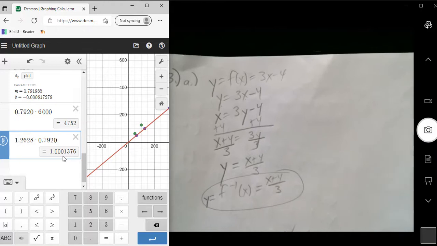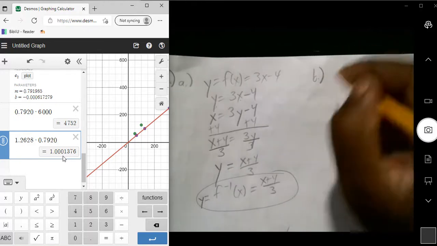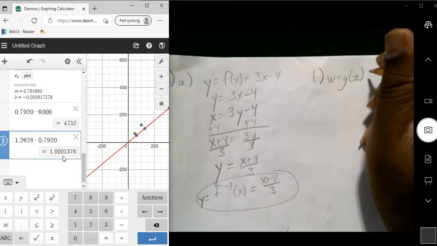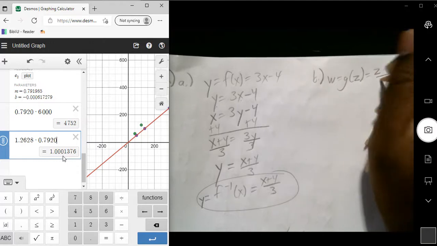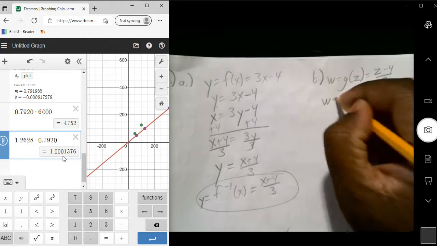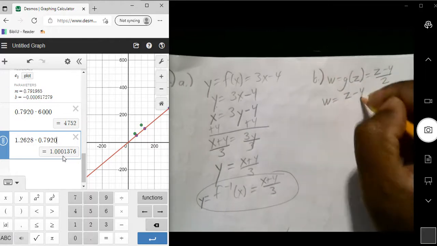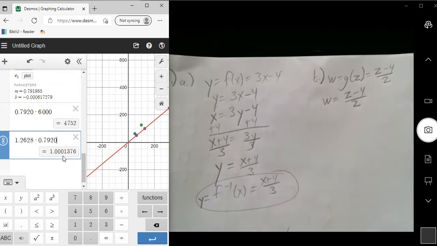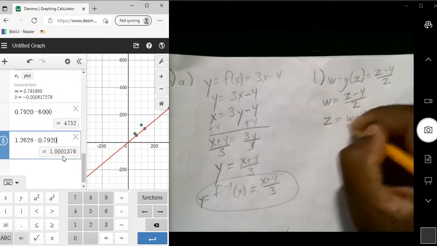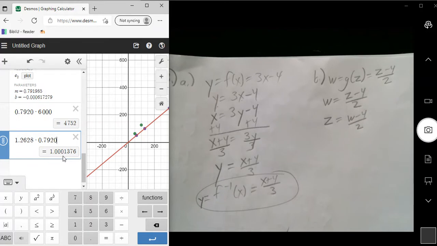All right, now we go here to 3b. It says w is equal to g of z, which is equal to z minus 4 all over 2. Now again, I just write w is equal to z minus 4 all over 2. Now we would switch places with the W and the Z. So this would be Z is equal to W minus 4 over 2. Now in this case, we need to get W by itself.